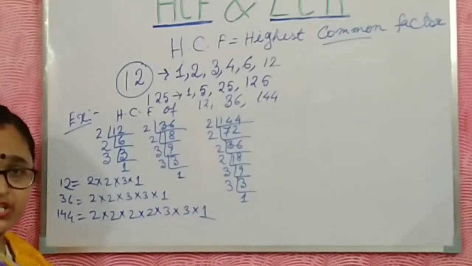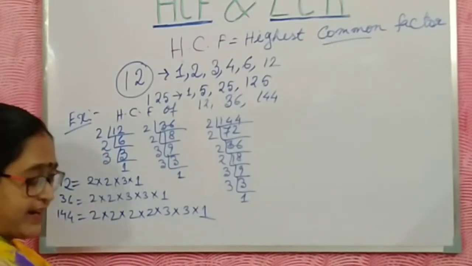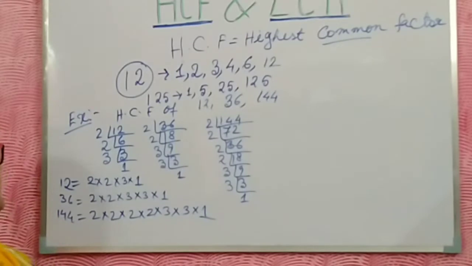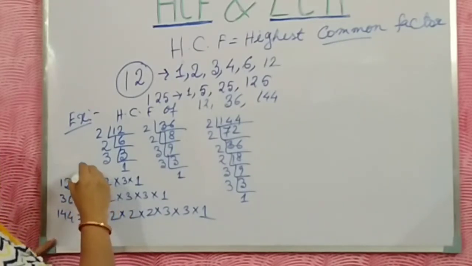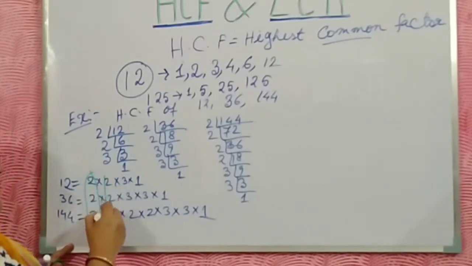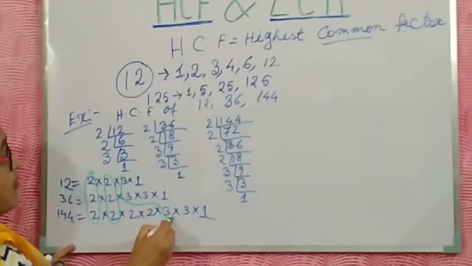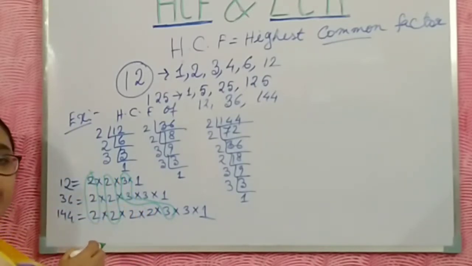Then you mark the common factors. Here 2 is common in all 3, and 3 is also common in all 3 numbers. You just look at the board, the green numbers.